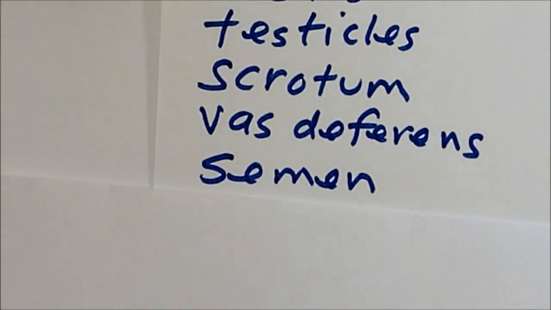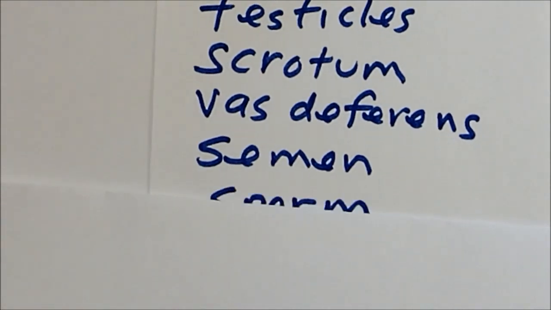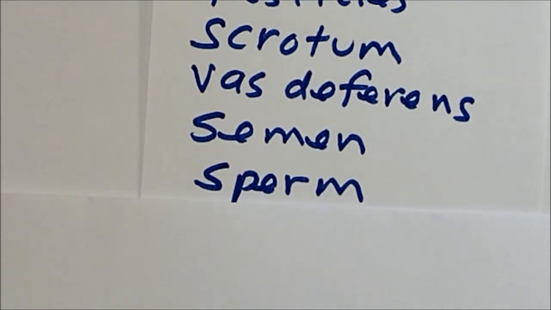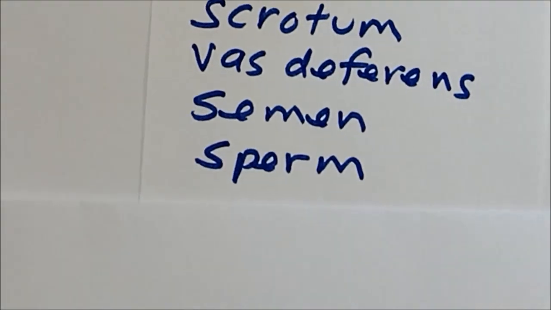They come from a couple of different sources, and we'll be taking a look at that. Sperm, of course, are the little critters that contain the hereditary or genetic information. Remember that half of the DNA comes from the male, and the other half comes from the female. Okay, so those are those words.